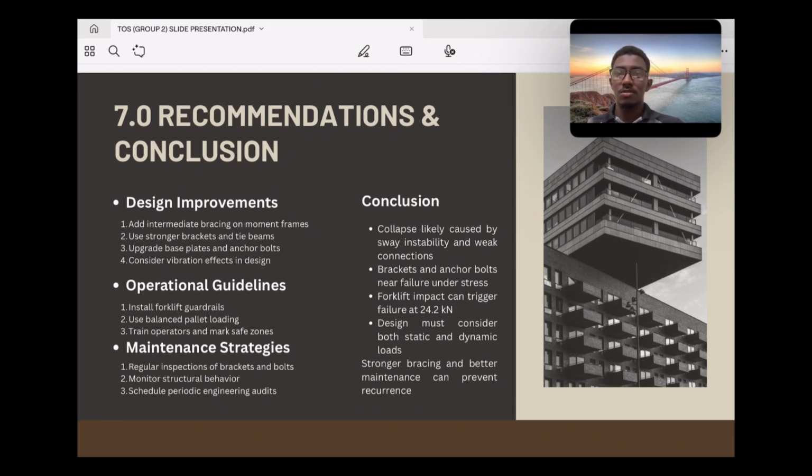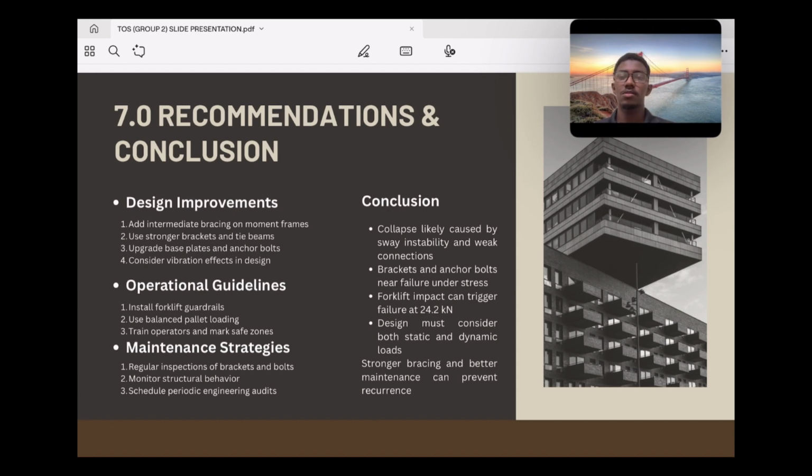In conclusion, our investigation shows that the collapse was likely due to a combination of lateral instability and under-designed connections, especially in the moment frame direction. The brackets and anchor bolts were near their limits, and the lack of bracing made the frame vulnerable to sway.